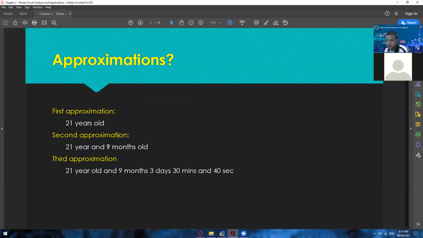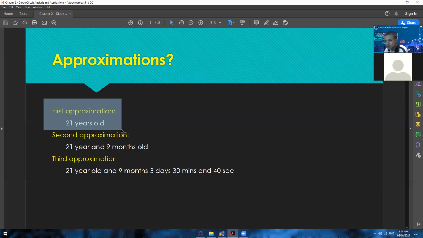So you're now adding specifically the months. And if you want a super complete answer, you could use a third approximation, wherein I'm 21 years, 9 months, 3 days, and 30 minutes old, something like that. So in other words, this is the general answer.